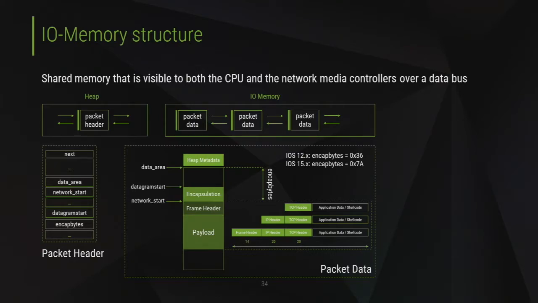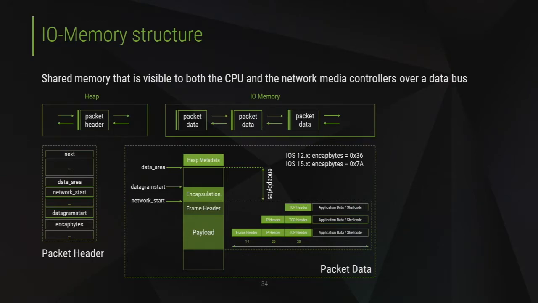I/O memory is shared memory that's visible to both the CPU and network controllers or a data bus. Network packets are stored in a doubly linked list of packet data structures located in the Catalyst I/O memory region.